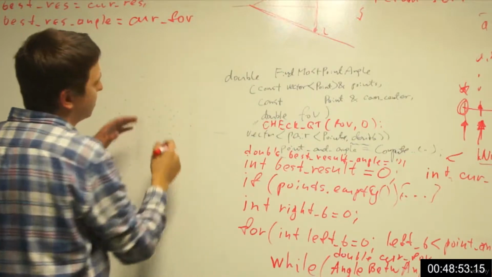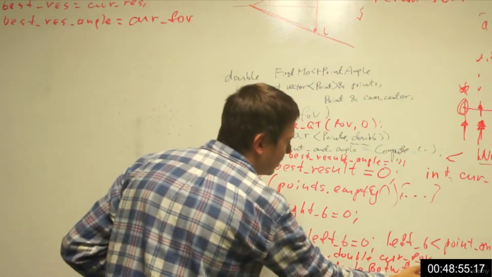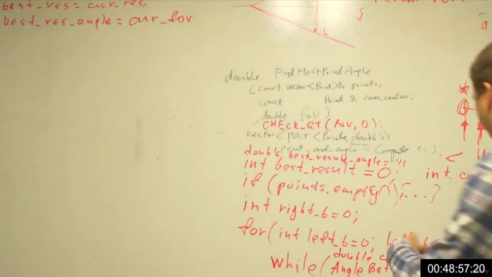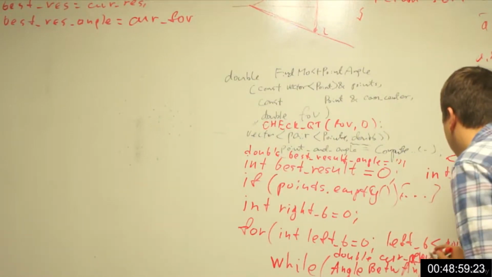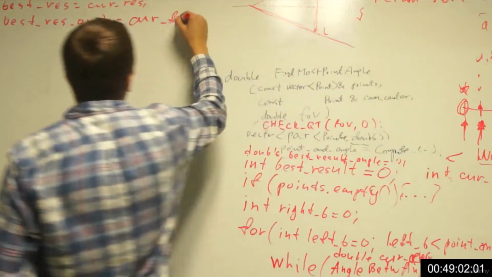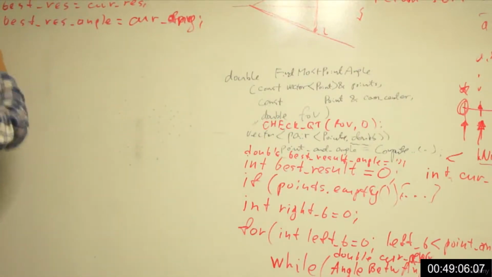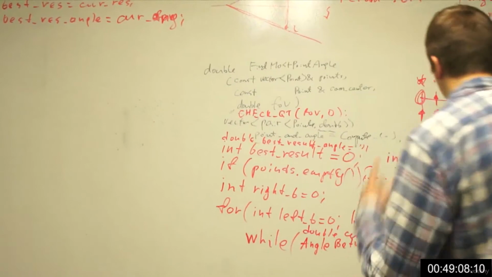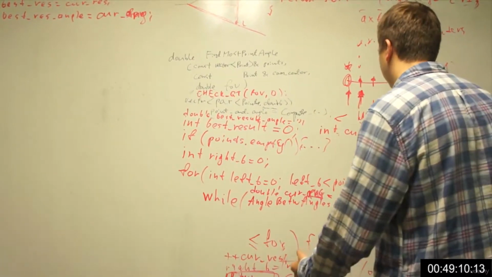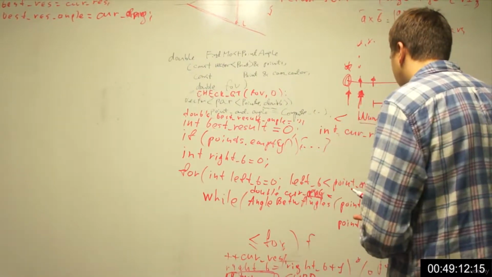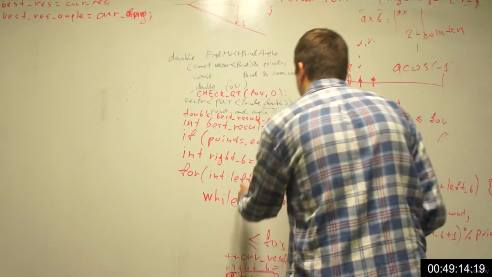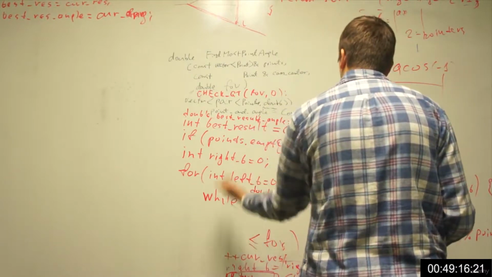So wait, field of view or angle? Oh, I mean current angle, let it be angle. So we updated it, and we need not forget to remove from the current result the number of left bound.